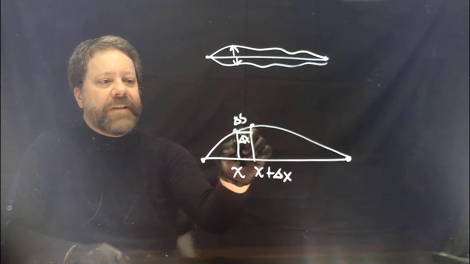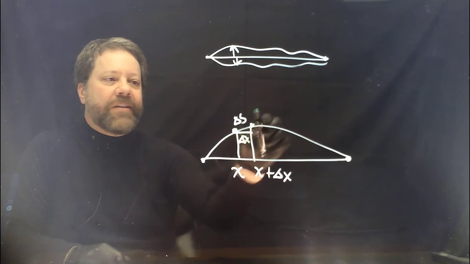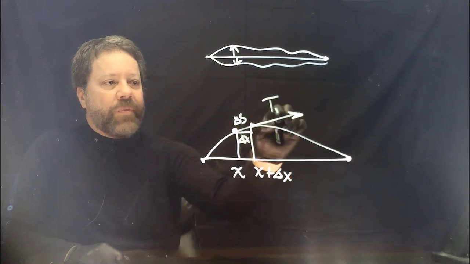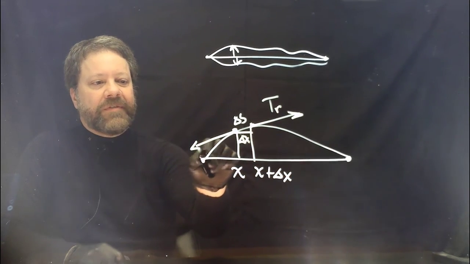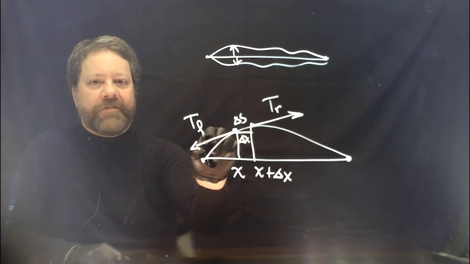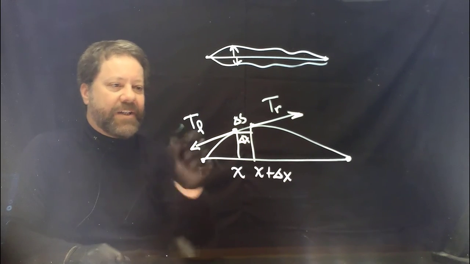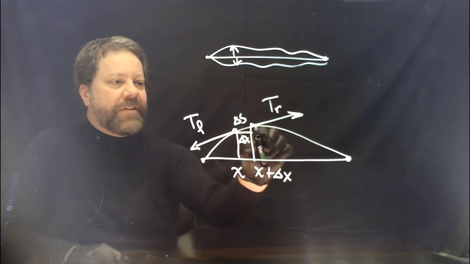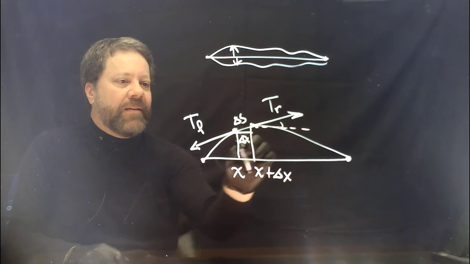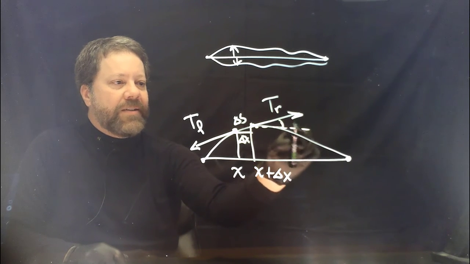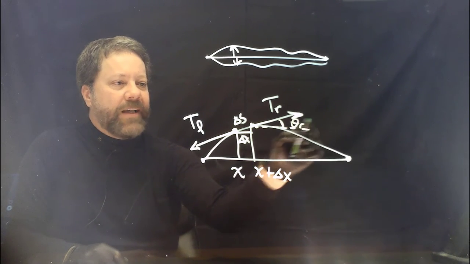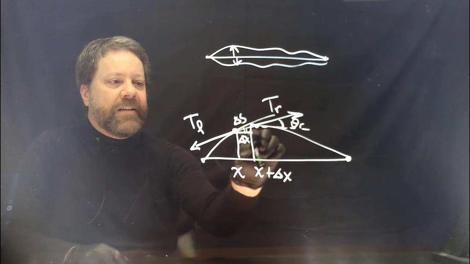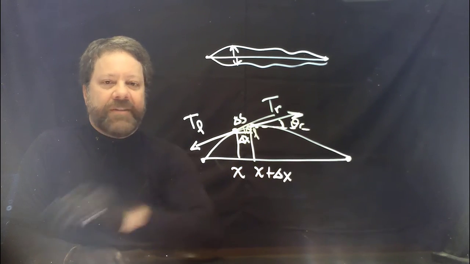At the ends of this little segment of string, there are going to be two tension vectors. Tension on the right and tension on the left. And that's going to be true at each little segment as we march across the string. They're going to have different angles, direction angles. This is going to be theta right, and if we were to make this go in the opposite direction, it would have a theta left.